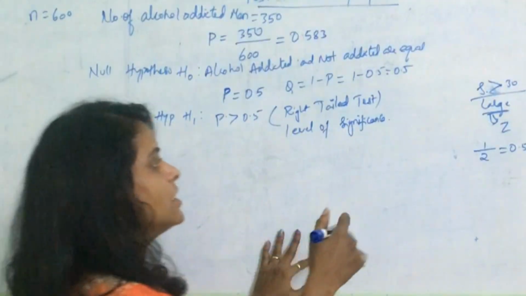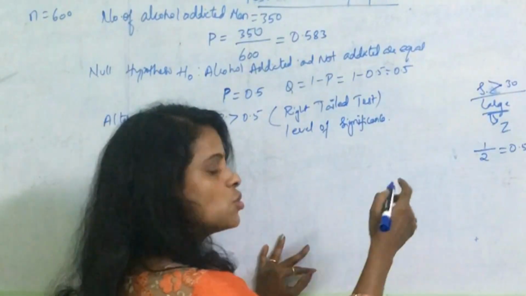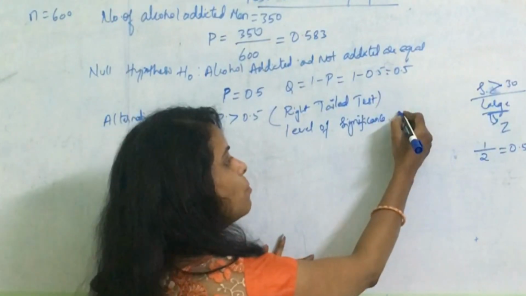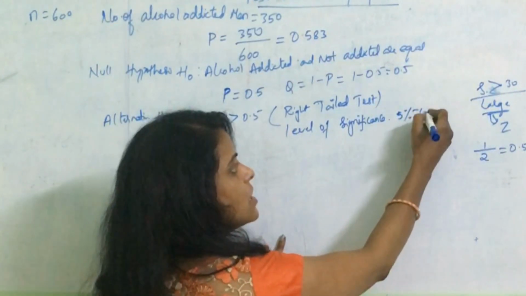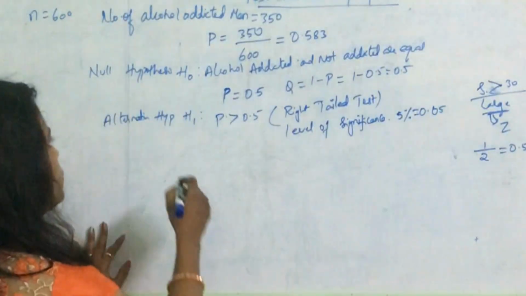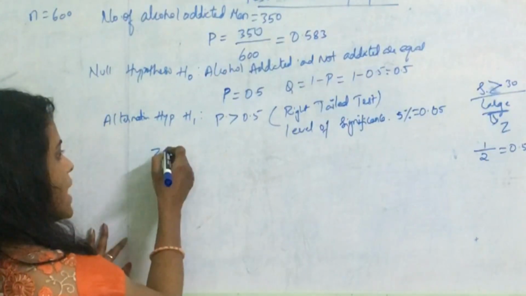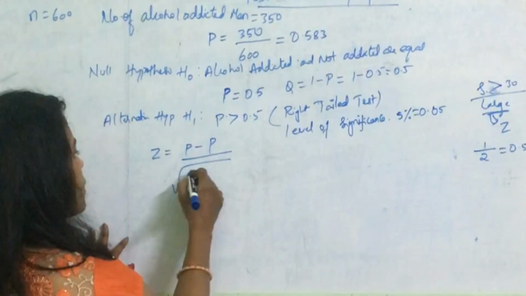If the level of significance is not given in the question, we have to consider by default 5% level of significance, that is 0.05.